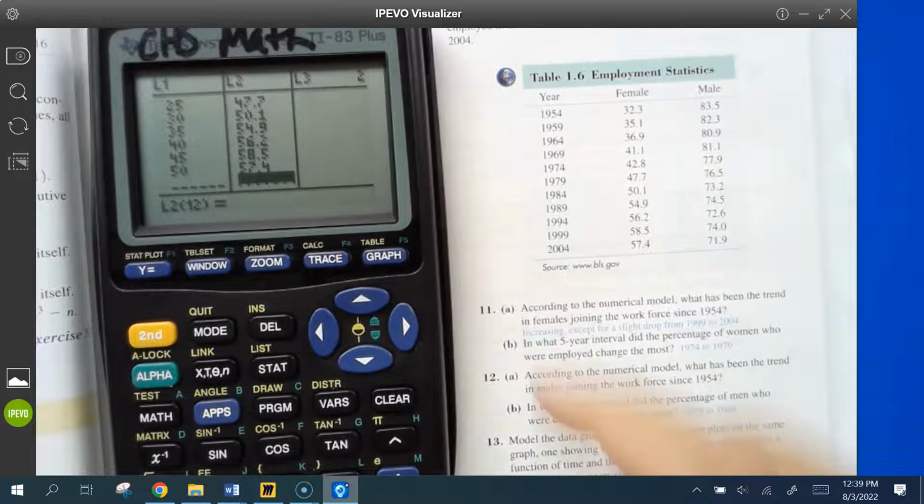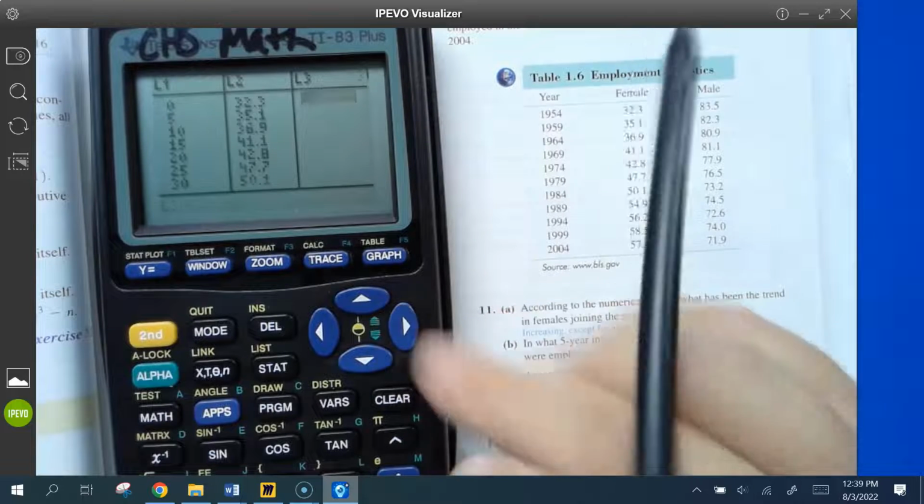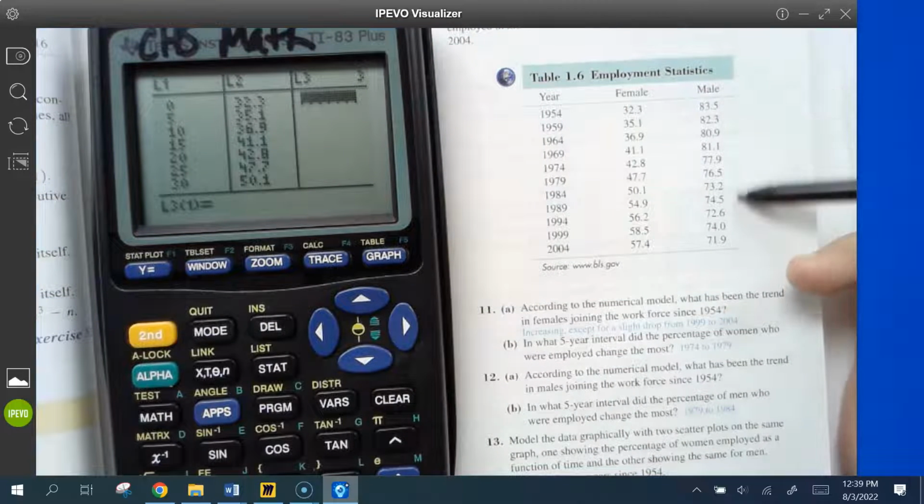While I'm in this screen, you see how I have list 3 over here? I'm going to go ahead and scroll over, and I'll show you why in just a minute. And I'm going to input the male stuff there in list 3.